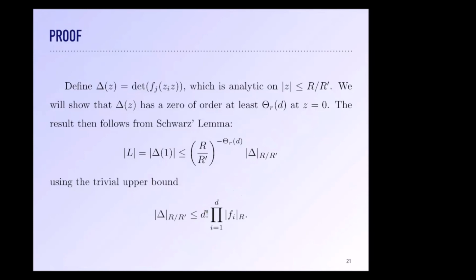This is the most naive, simplest, most basic upper bound you could get. Then you just plug that in, and that's exactly the theorem I stated on interpolation determinants. So what we need to do is really understand the order of the zero of this function at z equals 0.